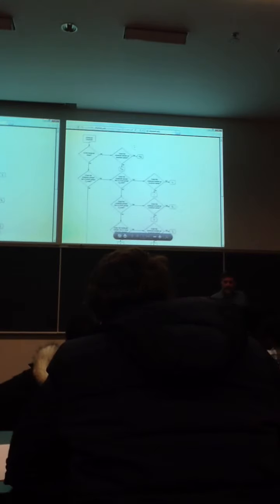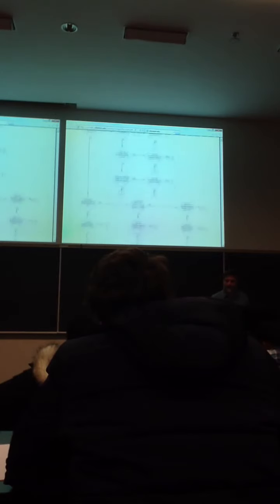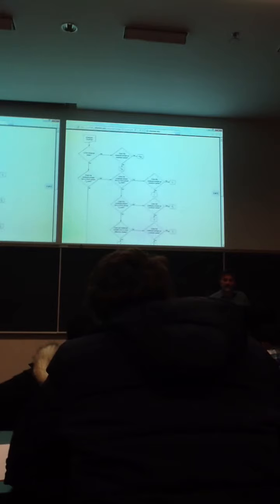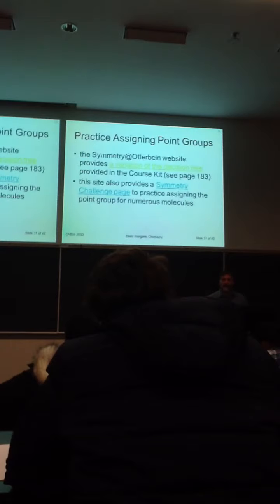Okay, so this is the decision tree for that particular website. So it looks a little different. The way it goes through it isn't quite the same as the ones in the course kit, but it comes to the same conclusion. You start with your structure. Is the molecule linear? Yes, you go this way. No, you go that way. And each one of these you move through and make the appropriate deviation depending upon your yes or no response.